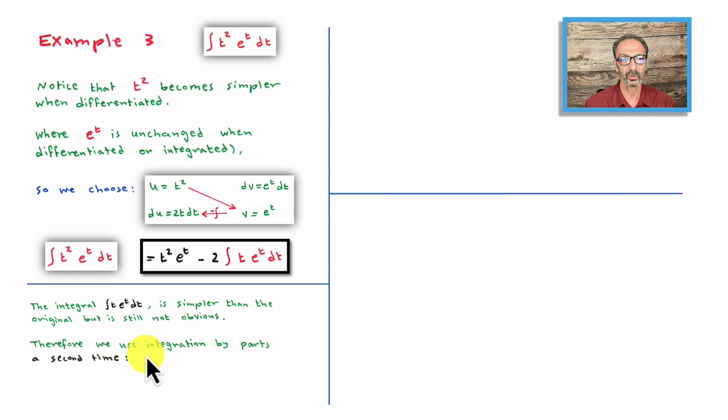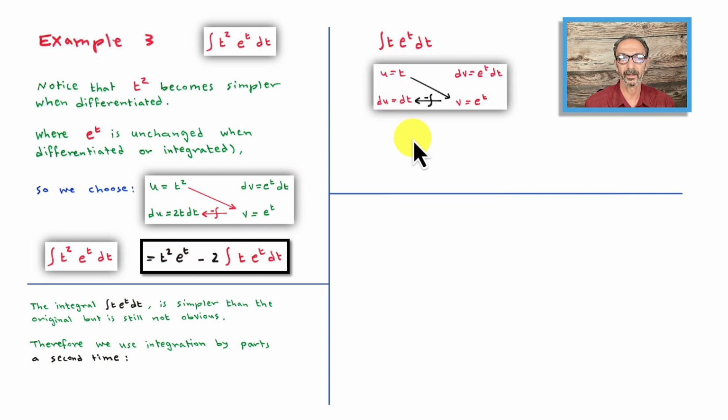So therefore, we use integration by parts a second time. Let's take it up here and do it right here. The integration of t e to the t dt, I kept it in red up here, as you could see. We're going to apply the same idea. This t gets simpler, so we're going to pick it as u, and e to the t dt will be dv.